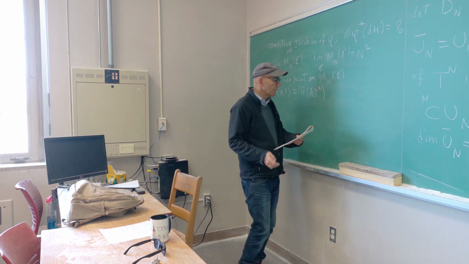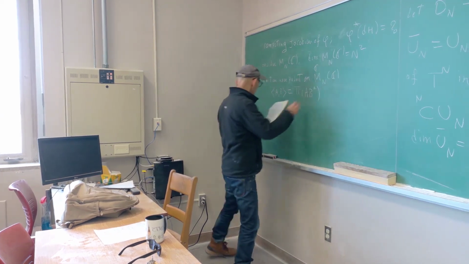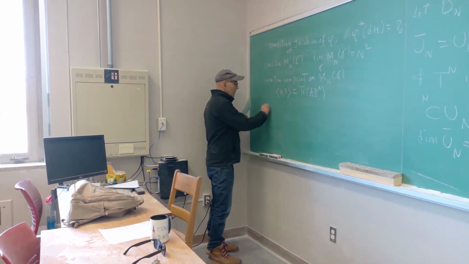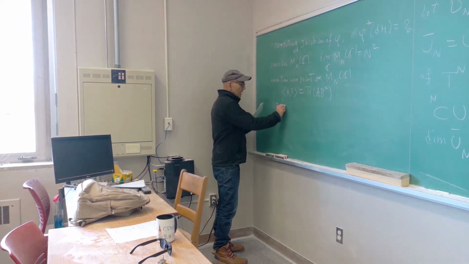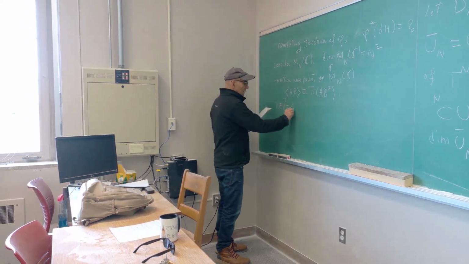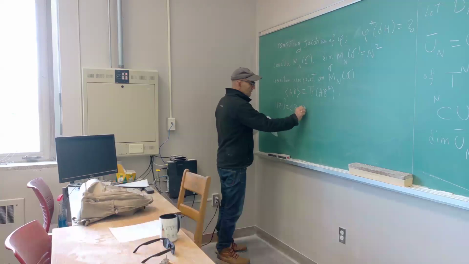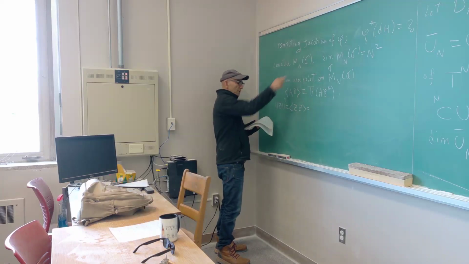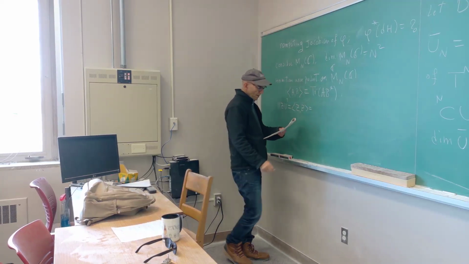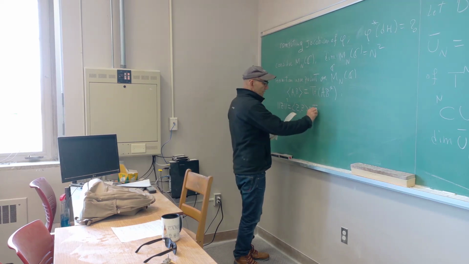So to compute the norm of a matrix in this inner product, for example, norm of Z squared, this is the inner product of Z with Z, where Z is a matrix in Mn of C, which is the trace of Z Z star.